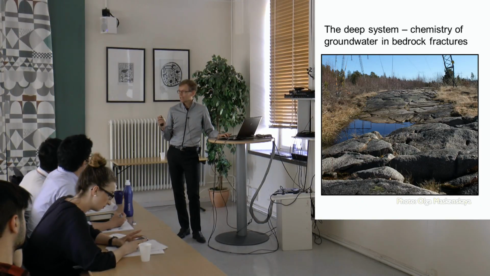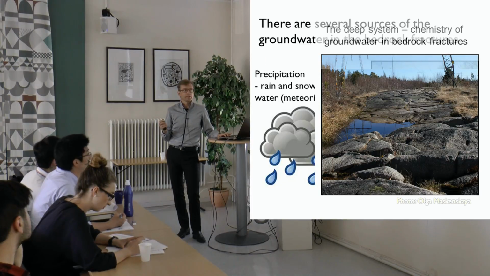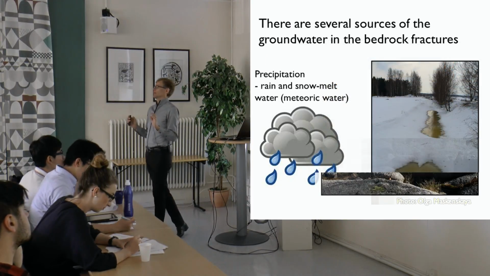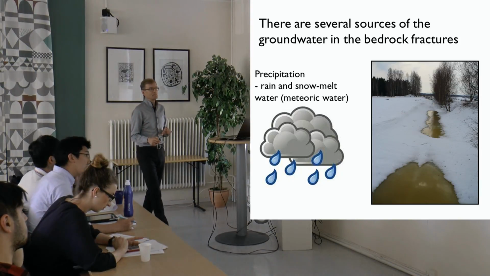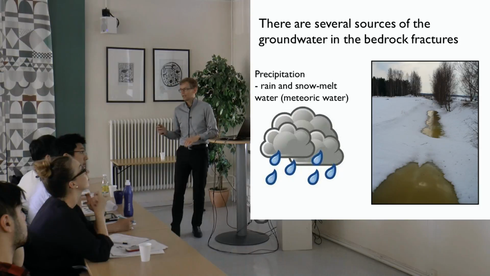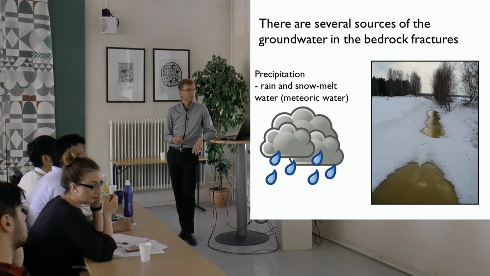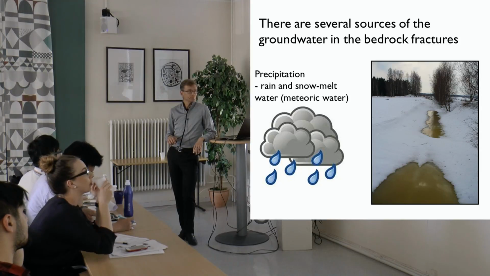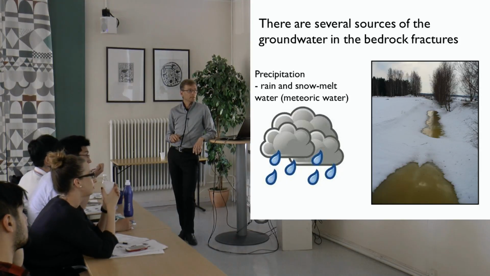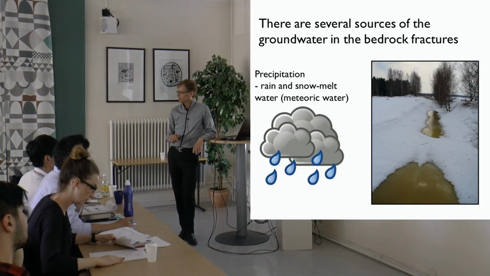So the groundwater in the bedrock fractures can have several different origins. Of course, precipitation. And here in the north it means rainwater and snow meltwater. Together these are often called meteoric water.